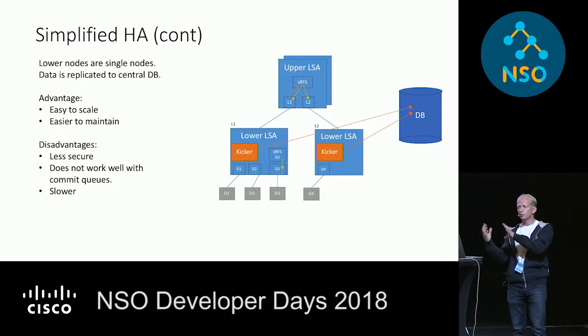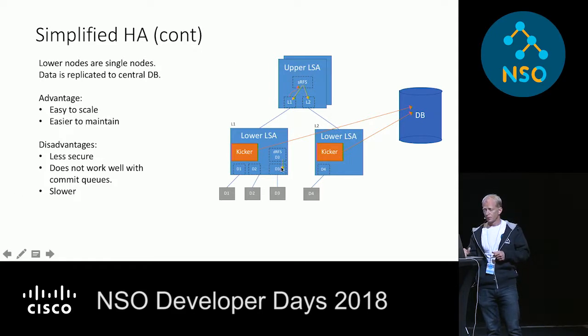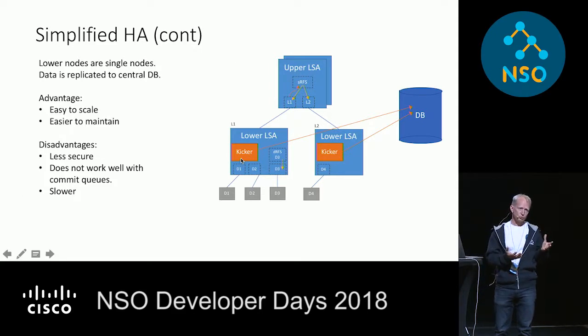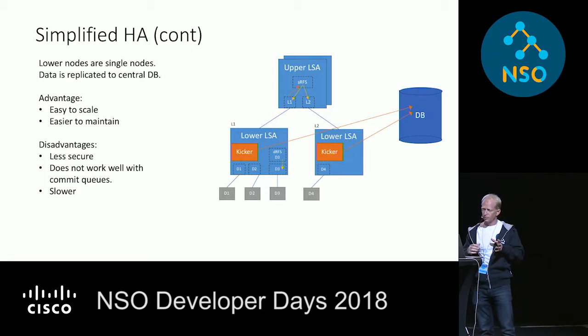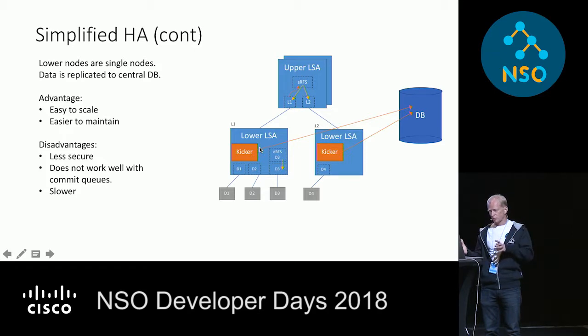That means that when you move the device, you don't have to actually have access to the original node if you can just as well read it from the database. So you don't actually need necessarily HA pairs. Well, you need it if you don't want to disrupt manageability of your network. But you don't necessarily need it if it's okay that it takes some small time to move a device.